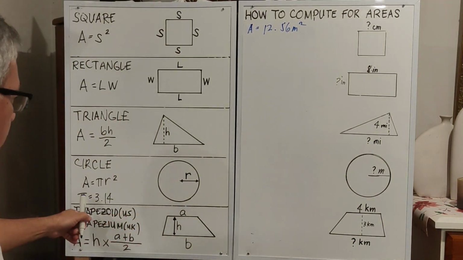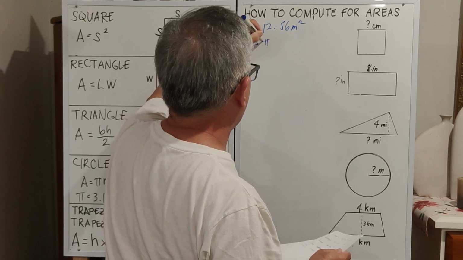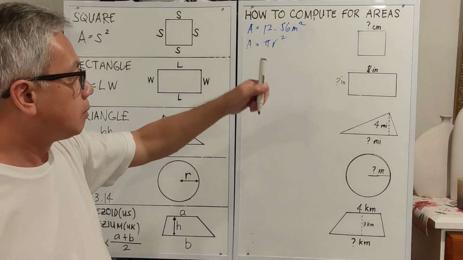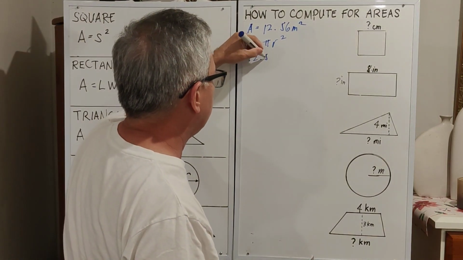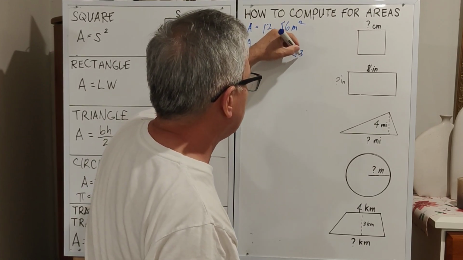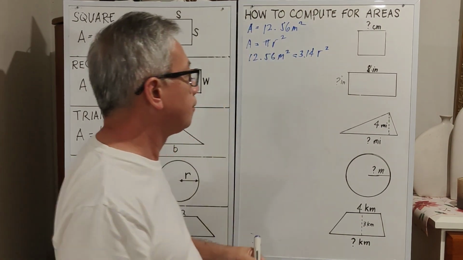So the formula for the circle is A is equal to pi r squared. And then we just substitute the values. 12.56 meters squared is equal to 3.14 r squared.